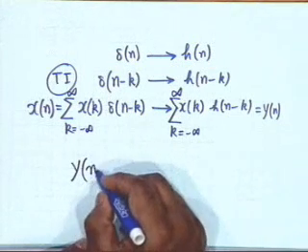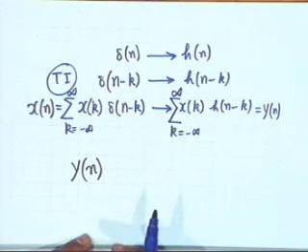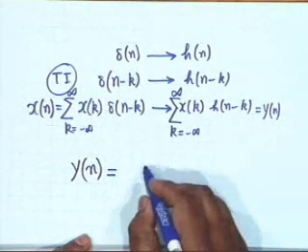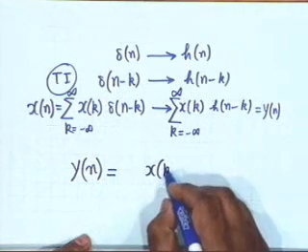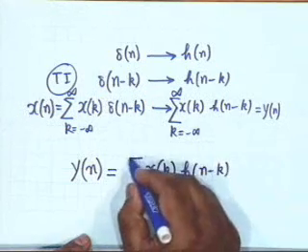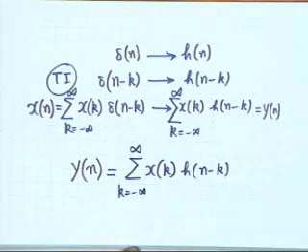In other words, the output of a linear time invariant discrete time system to an arbitrary input x of n is given by x of k h of n minus k, summation from k equals minus infinity to plus infinity.